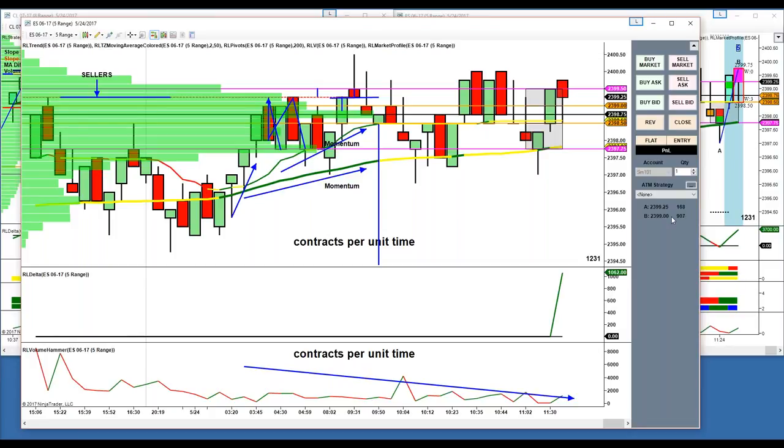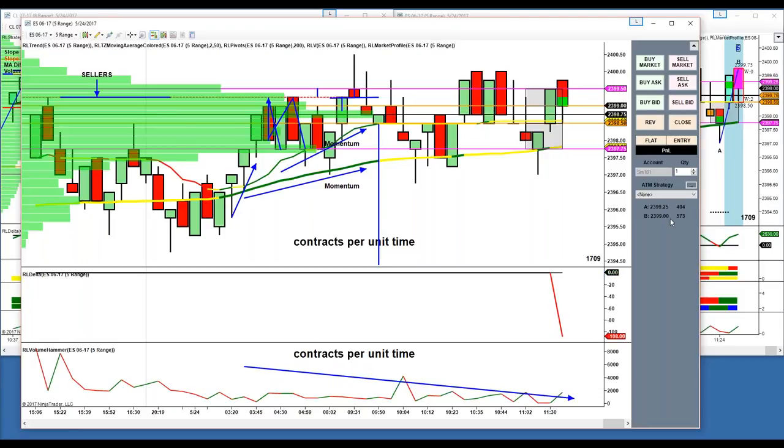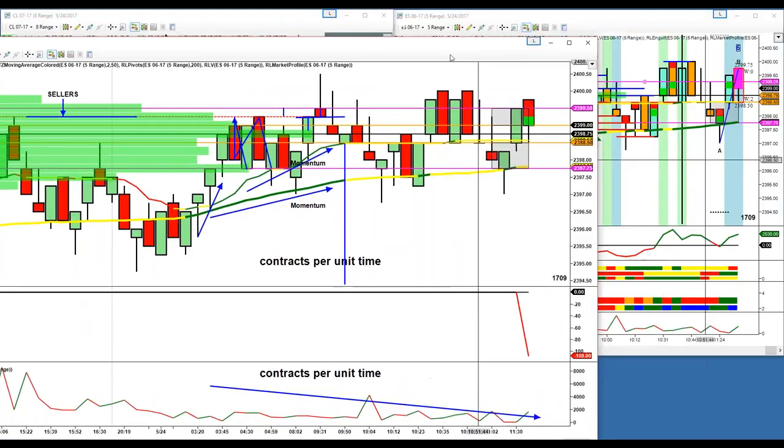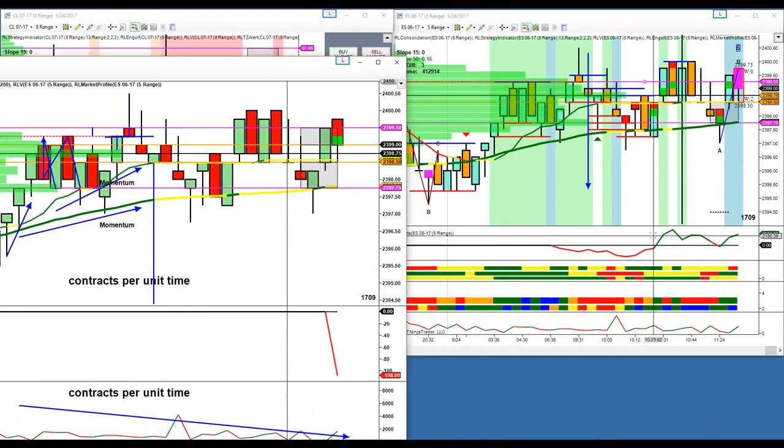It's not an assessment of executed trades. It's an assessment of are there more sellers sitting on the dome or more buyers sitting on the dome? And it does help us determine price direction, especially when we have the moving average over time and we begin to see a nice bias.